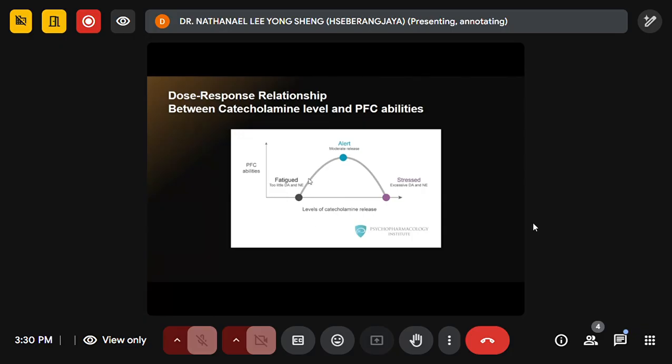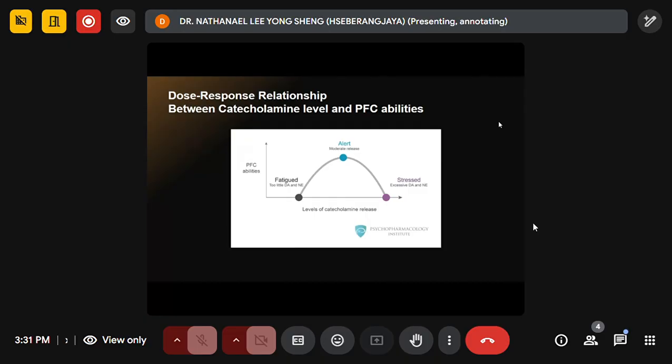So next, the graph I'm showing here is a dose-response relationship between catecholamine level and prefrontal cortex ability. I want to use this graph to explain the mechanism of efficacy for methylphenidate. As we all know, under normal circumstances, our prefrontal cortex regulates our attention, behavior, and emotion.